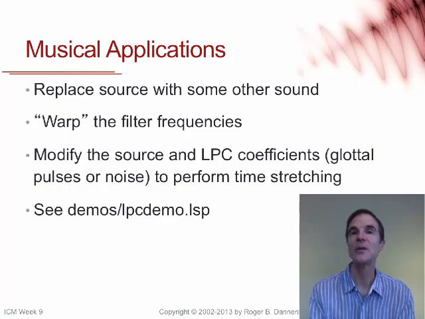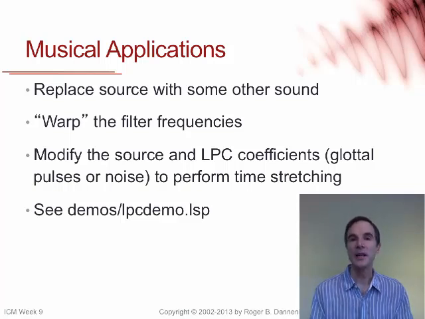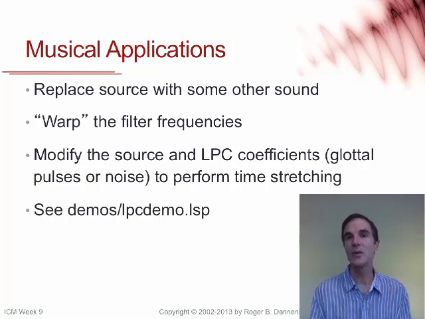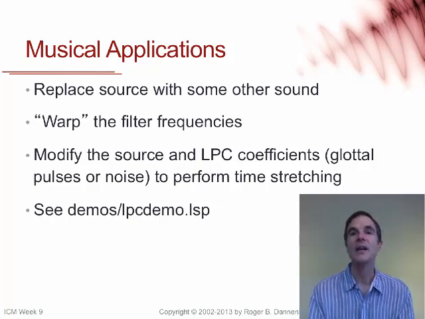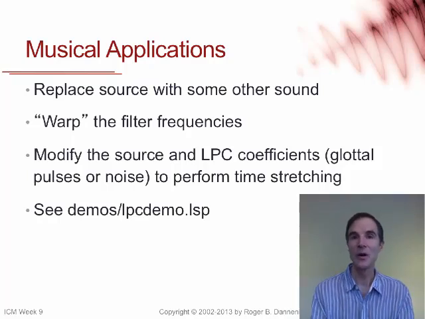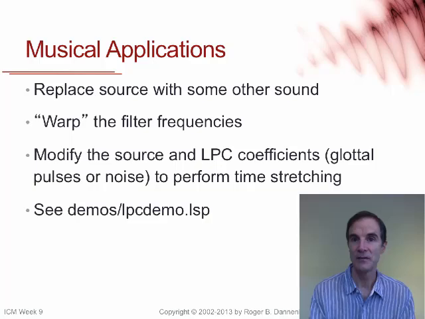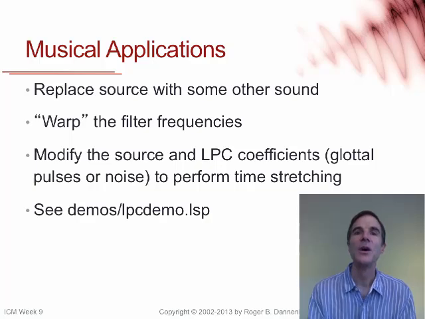So for example, rather than having a pitched source or a noise source that might simulate a real human voice, you can put in a recording of an orchestra and apply human sounding formants to the orchestra so that the orchestra sounds sort of like speech. Or you can put in very synthetic sorts of pitched source sounds, and the list goes on and on.